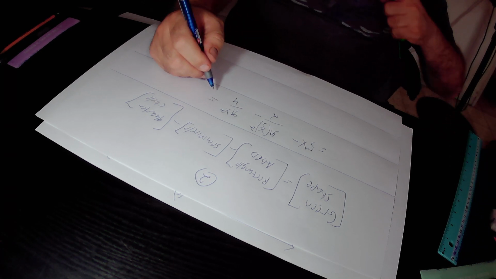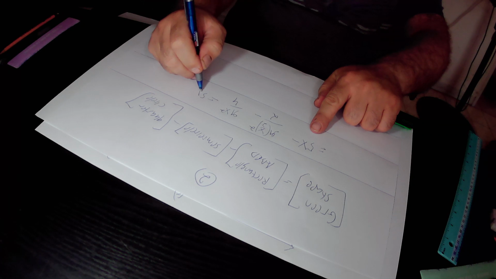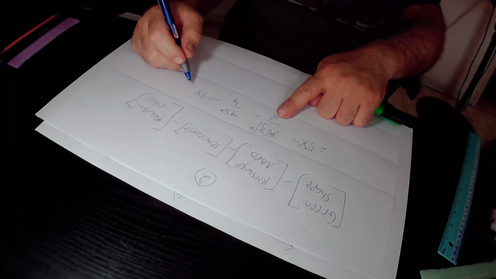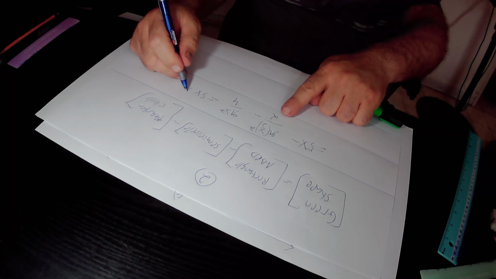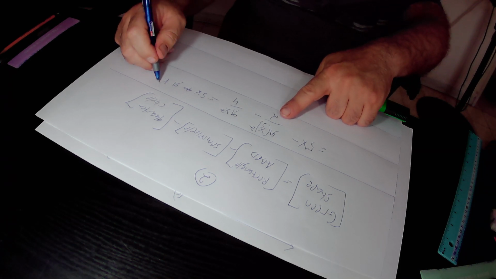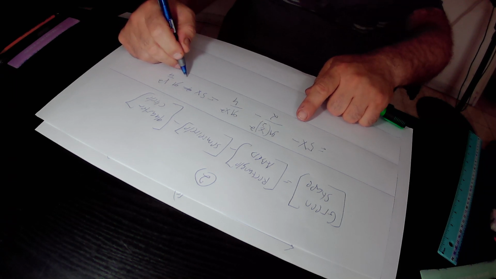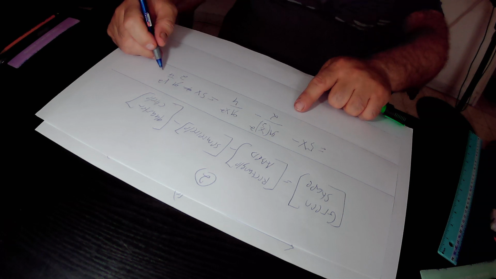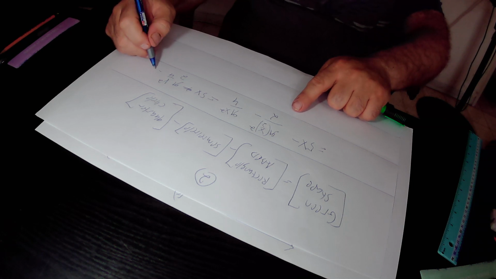And here we have 5x. We'll open the brackets here. Pi times x over 2 squared is pi x squared over 4, divided by 2, minus pi x squared over 4.